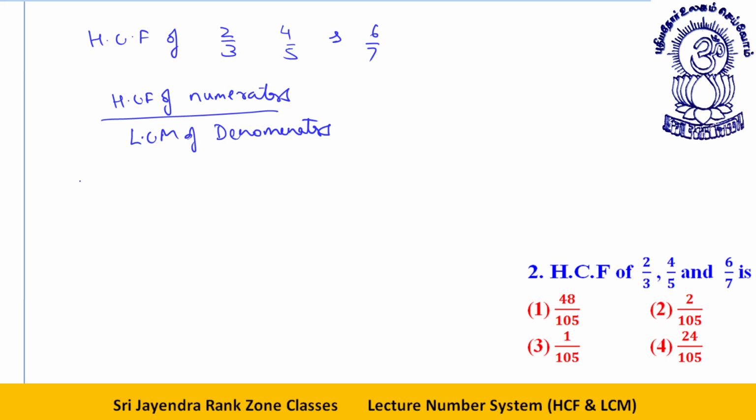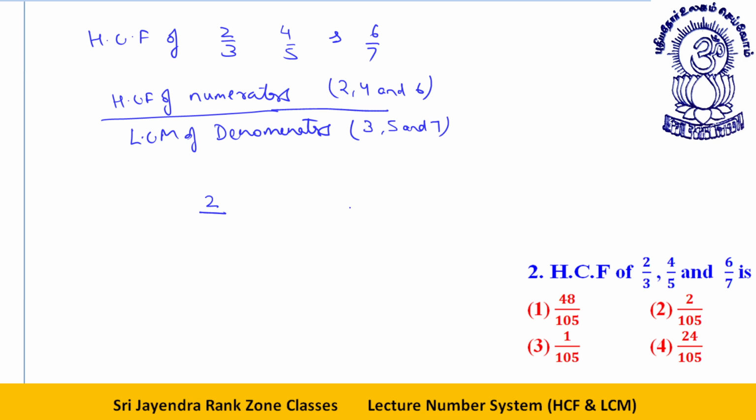So what we'll be finding? We will find the HCF of numerators. What are the numerators? 2, 4 and 6. What is the highest number which divides 2, 4 and 6? That is 2. Then the LCM of denominators 3, 5 and 7.